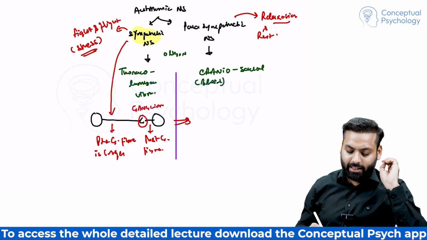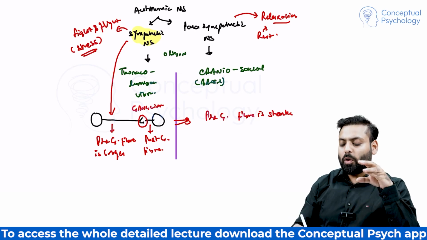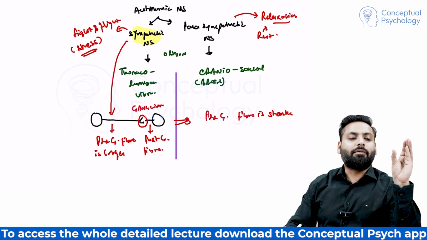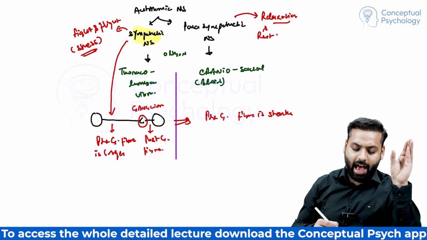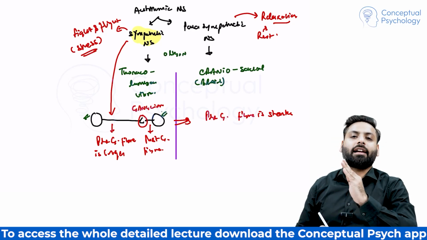In the parasympathetic nervous system, the preganglionic fiber is shorter. So what is a preganglionic fiber? When the sympathetic nervous system has to interact with the target organ, it does not go directly.